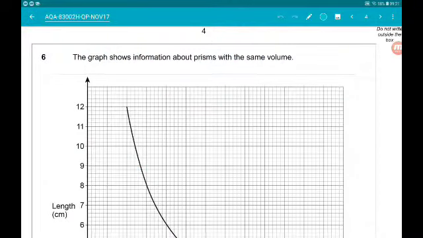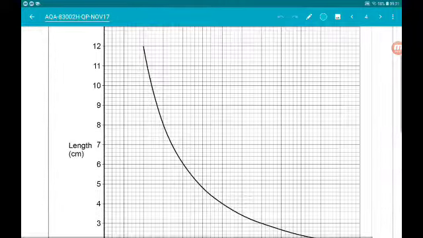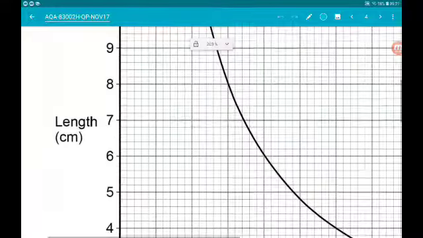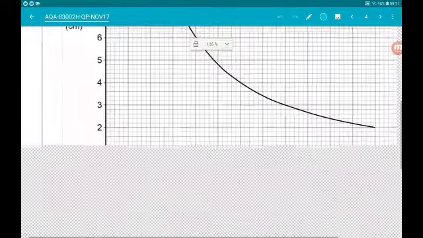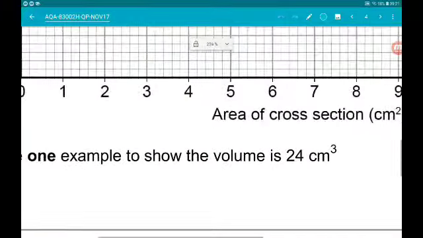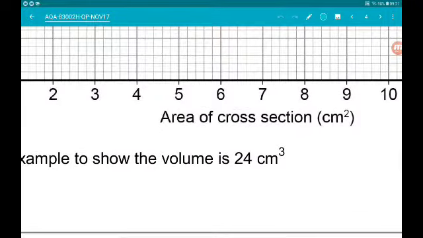Okay, question 6. The graph shows information about prisms with the same volume. So going up the side, we have the length in centimetres, and going along the bottom, we have the area of the cross-section.